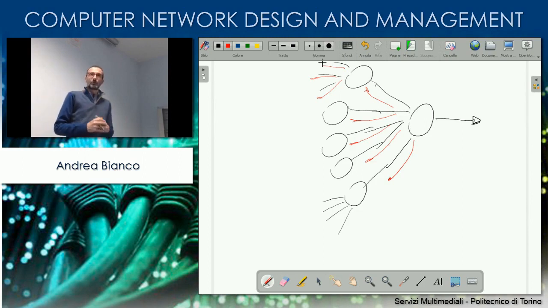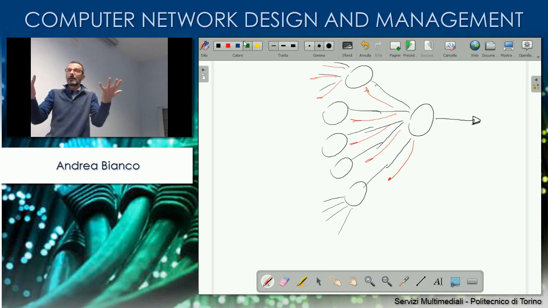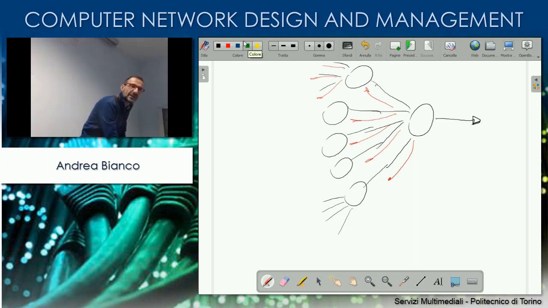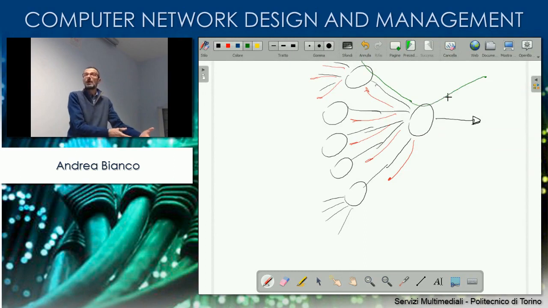Now, is this a good way of reacting to congestion? The answer is no. Why not? Well, because you see, we are blocking a large set of links. We are not blocking the flows which create congestion here. We are blocking the full link. So, for example, we may have a traffic flow coming from this upstream node, willing to get out on another output link, which is also blocked.